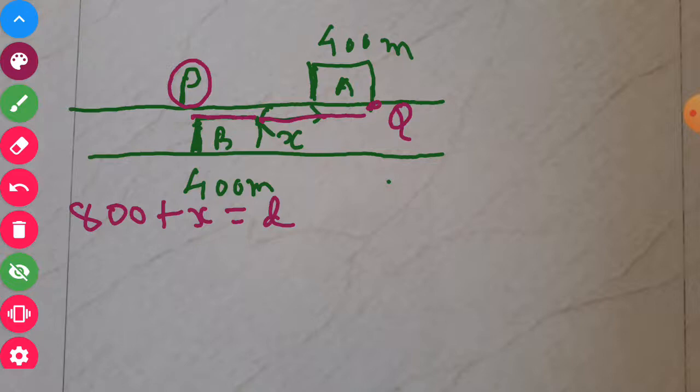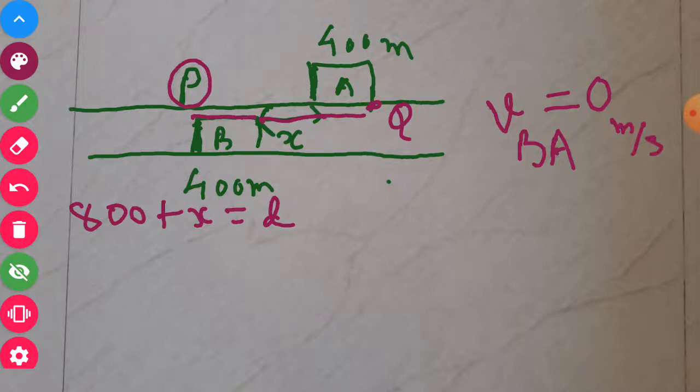Now, initial velocity of B with respect to A: both are moving in the same direction with the same velocity. Try to understand, same speed, direction is same, value of velocity is same. So velocity of B with respect to A is 0 meter per second.